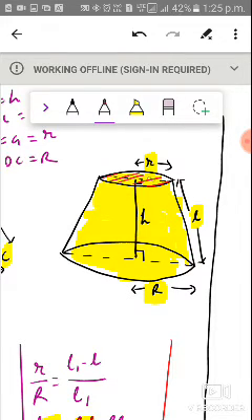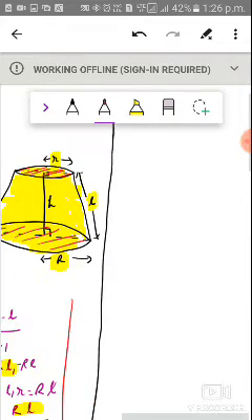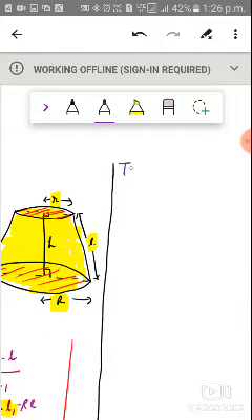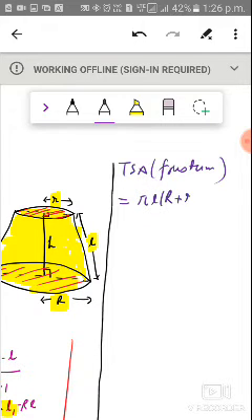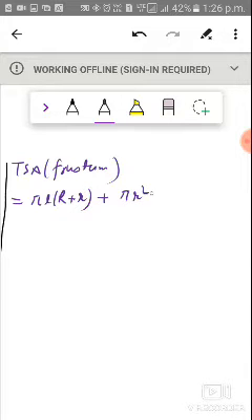The upper base is also circular and the lower base is also circular. So the TSA of the frustum equals CSA, that is pi L (R + r), plus the area of the top, pi r², plus the area of the base, pi R². So this is the TSA of the frustum.